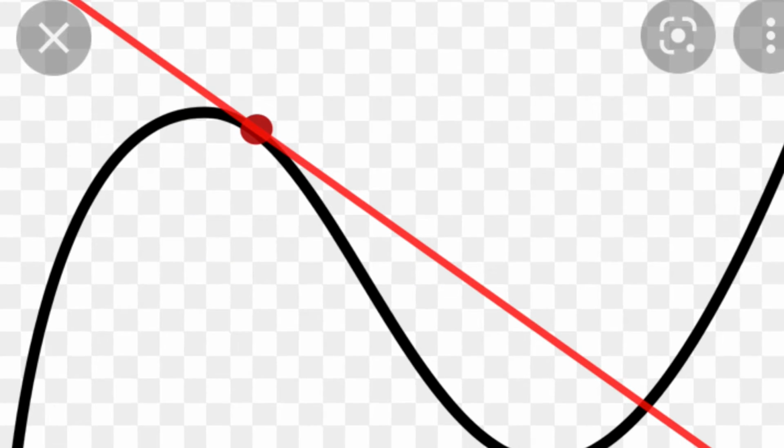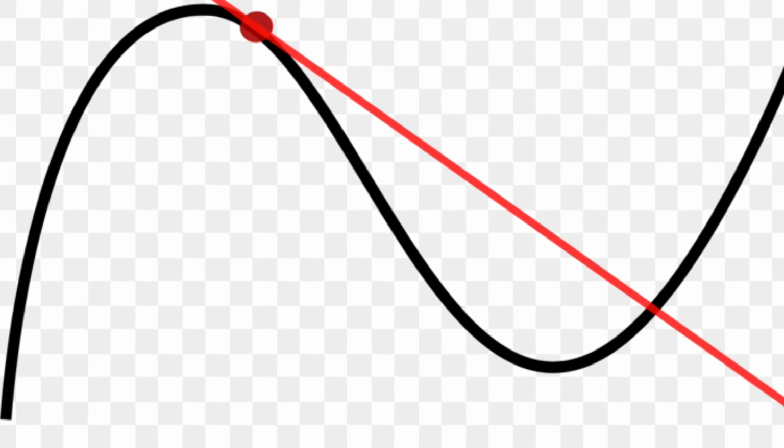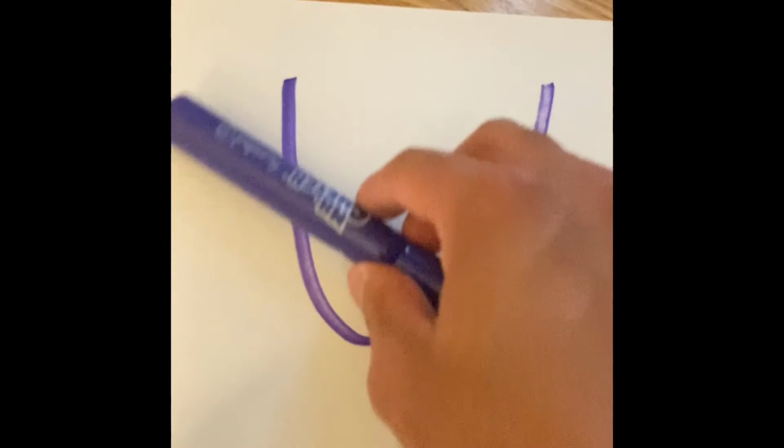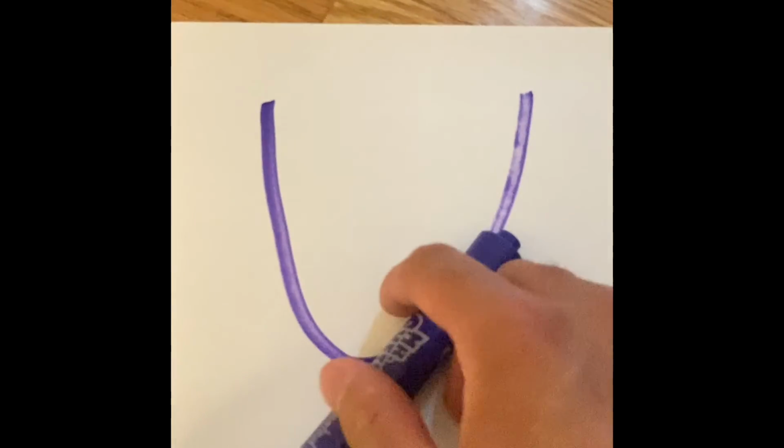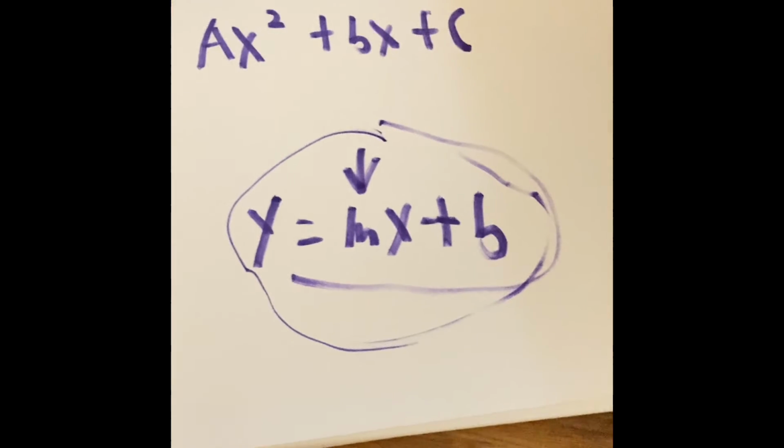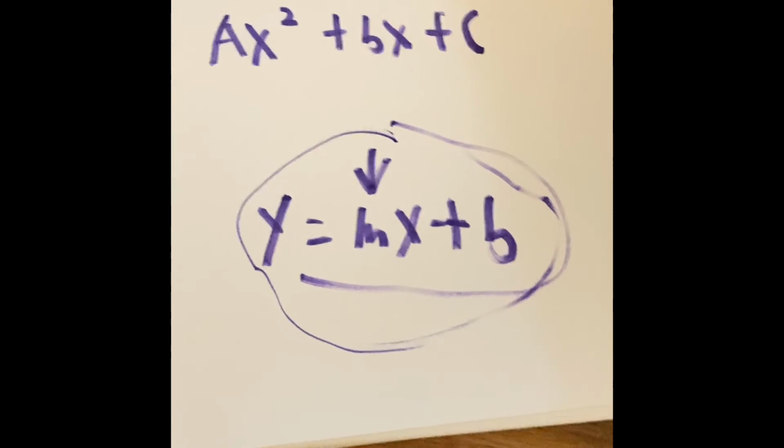This is good to know in higher level math. The more you move your point on the parabola, the slope is always going to change. So basically, we can say we have an infinite number of slope-intercept equations.